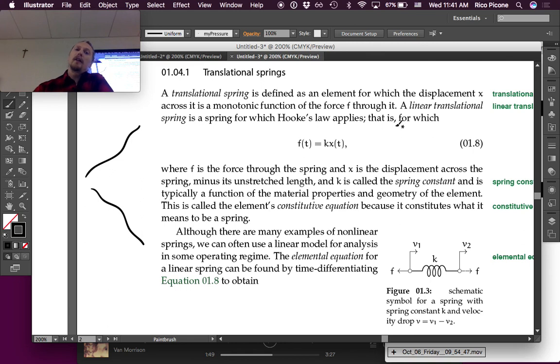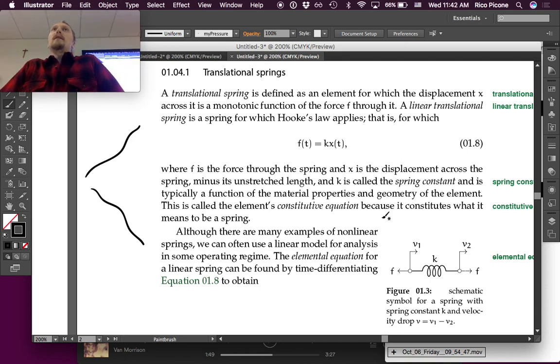A linear translational spring, so emphasis on linear there, is a spring for which Hooke's law applies. That is, for which the force is proportional to the displacement across it, with constant of proportionality K called the spring constant. It's typically a function of the material properties and geometry of the element.